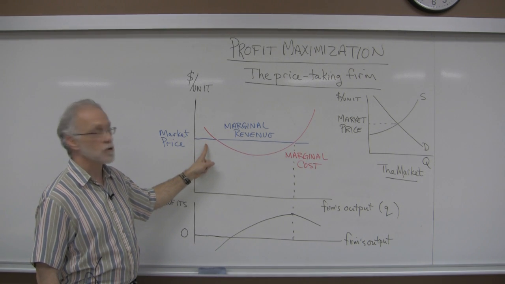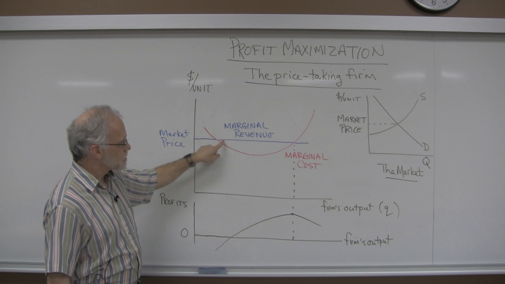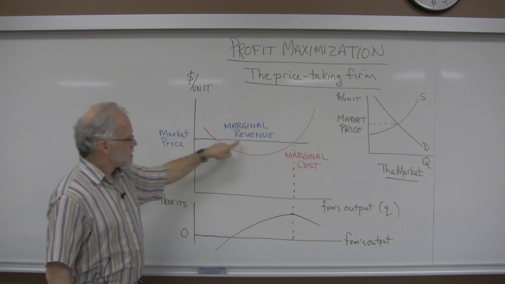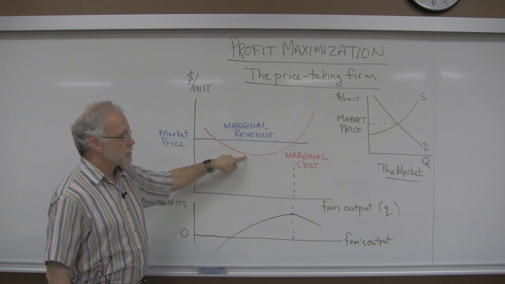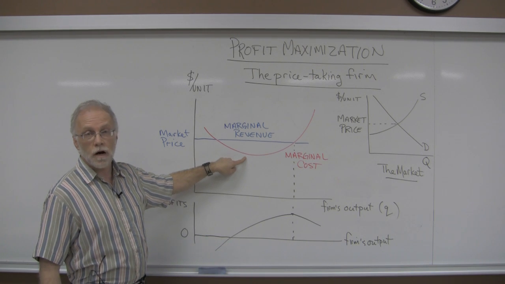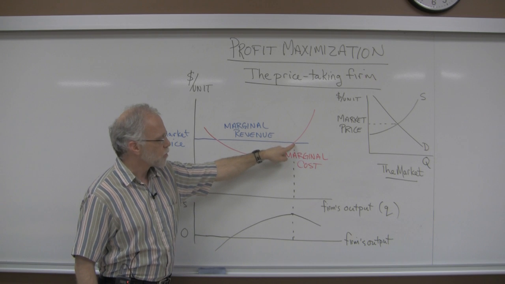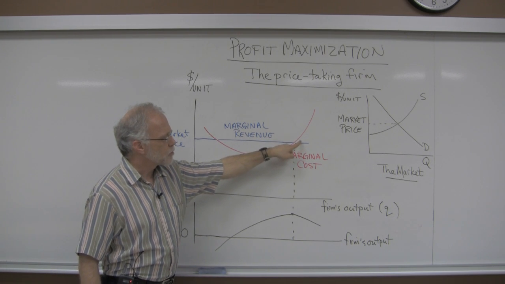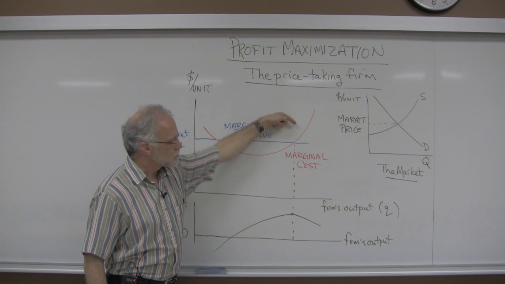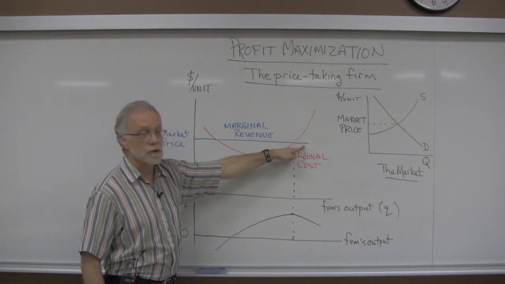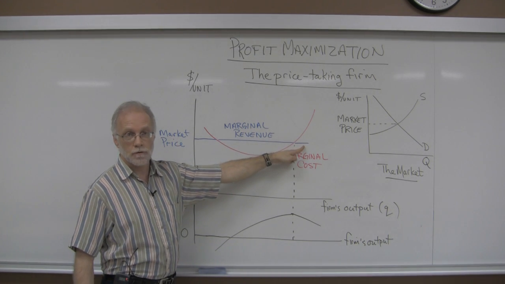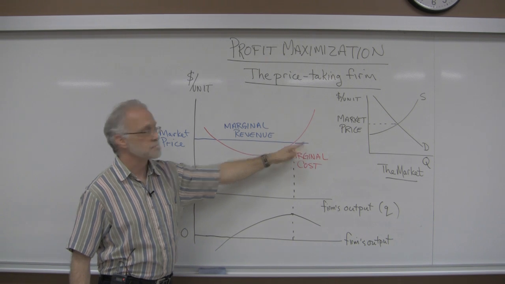Well, that doesn't sound very good. But you can see that in this range, the firm is adding more to its revenues than to its costs. That's obviously a desirable situation. But once we get up to this point here, producing anywhere beyond that would clearly add more to our costs than it would add to our revenues. That would have to be decreasing profits.